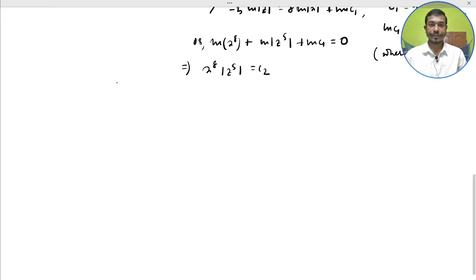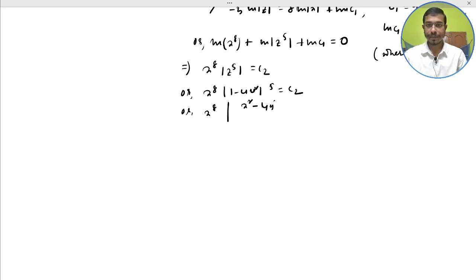So here, x to the power 8, and z means what? 1 minus 4v square, substitute, to the power 5 is c2. So x to the power 8 into (x square minus 4y square), substituting the v value, divided by x square to the power 5, is c2.